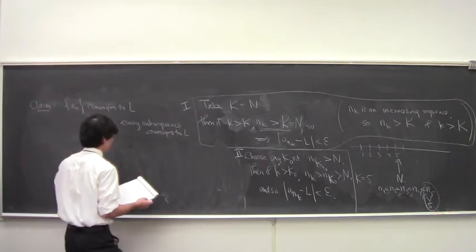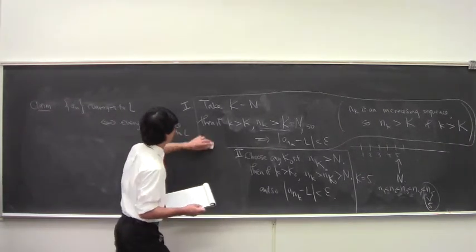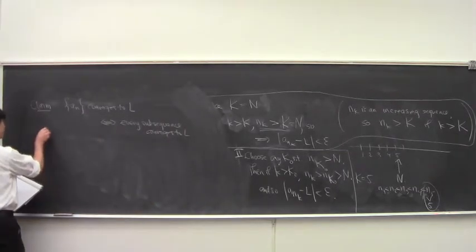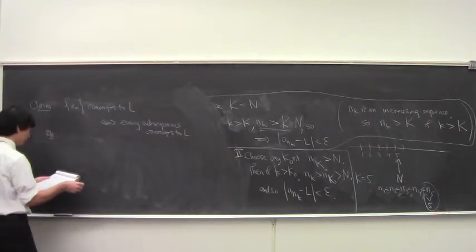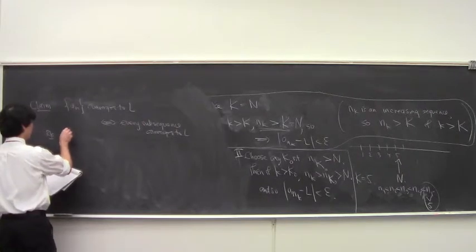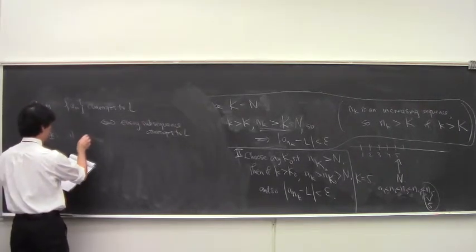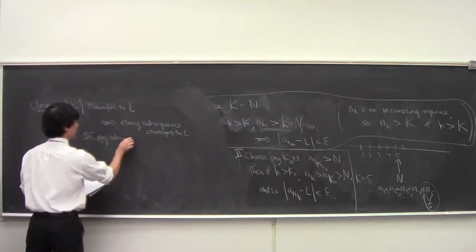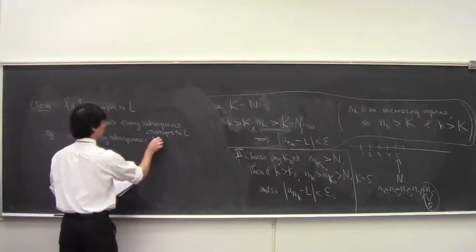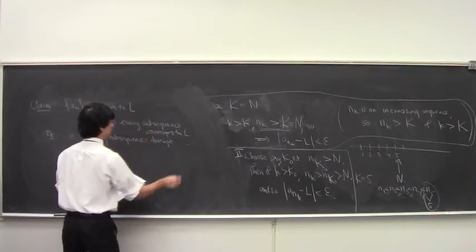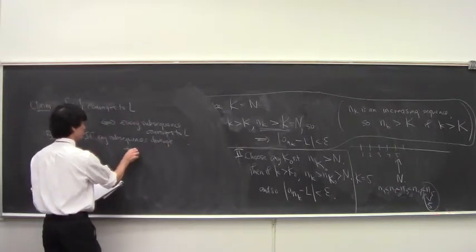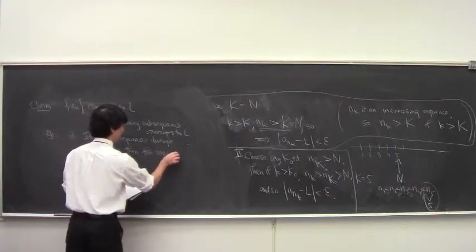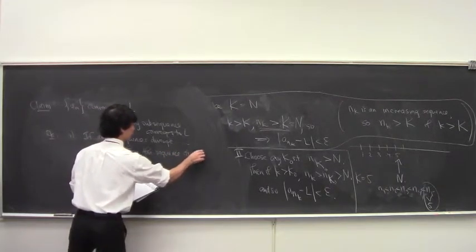So this is a very trivial statement. It's just a sort of notation game, but it has some useful consequences. For example, if any subsequence diverges, then you know that the full sequence diverges, right?